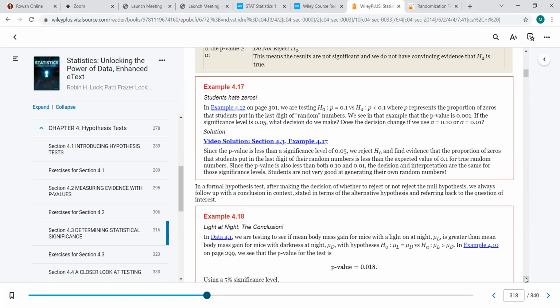Now, if you remember the situation we had just a little while ago when we were looking at the 4-digit numbers, remember we determined that the sample proportion was 0.048. It was 12 out of 250, I believe, of the numbers had 0 as the last digit. Well, that was the sample proportion. And when we determined the p-value, when we actually went into StatKey and looked it up, we came up with something like 0.018, right?